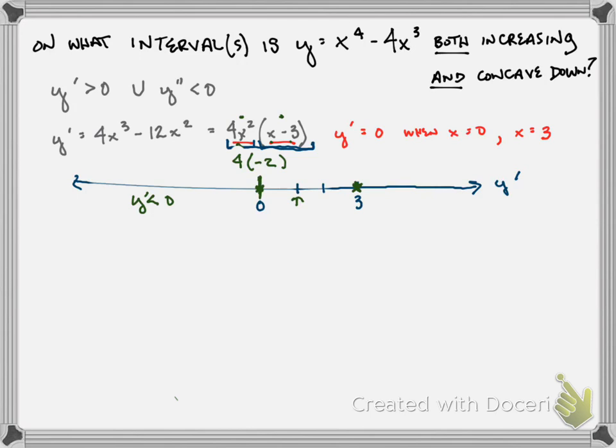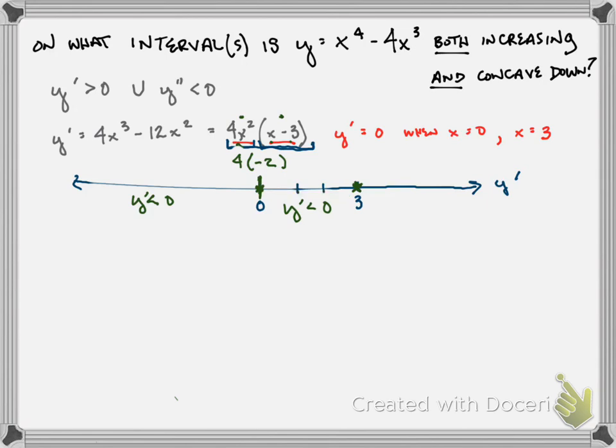I get -8, which means the derivative is also negative on that interval, which means that the function is also decreasing there. So the function was decreasing over here, then it stopped decreasing instantaneously, and then it's decreasing on this interval as well.